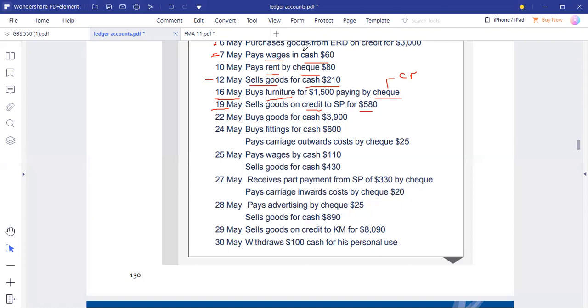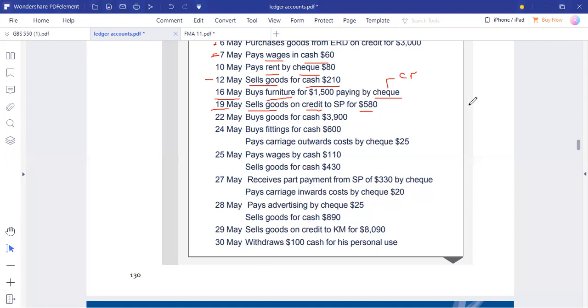Who wants to help? Can I try? Okay, so sold goods on credit to SP. So the sales account in this case is supposed to be debited.